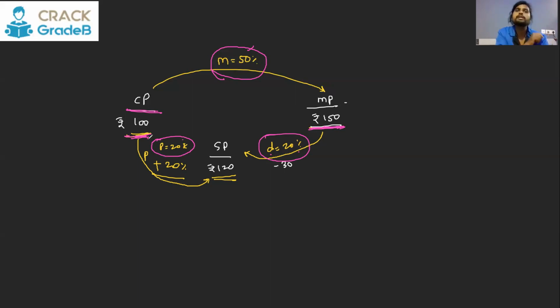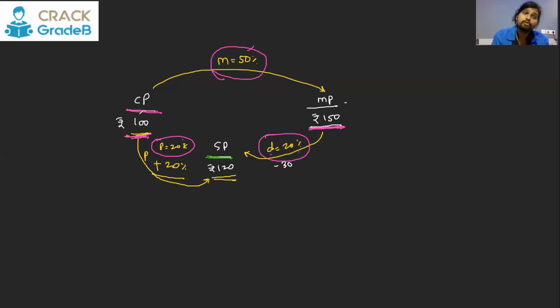So this figure, if you understand it very well, then you can solve so many of the tricky questions very conveniently. So how do you look at it: selling price is the same for one entire transaction. Selling price is the same because the shopkeeper sells the stuff to a customer at one single price.